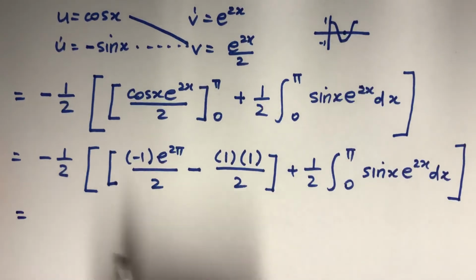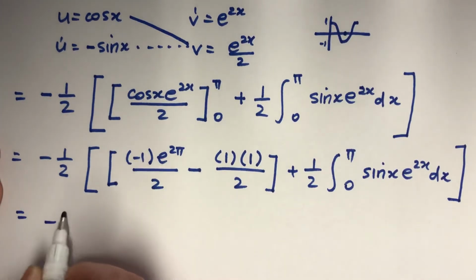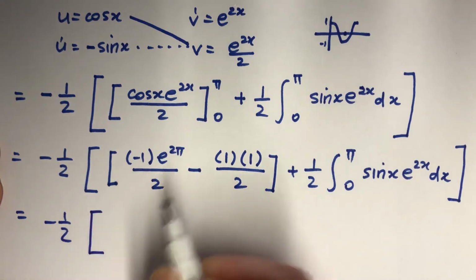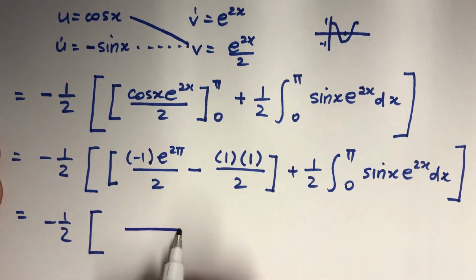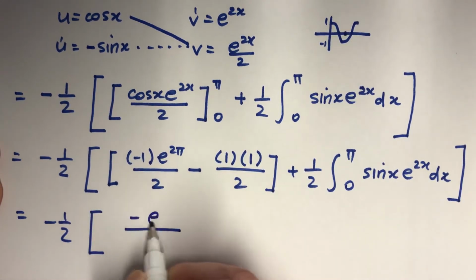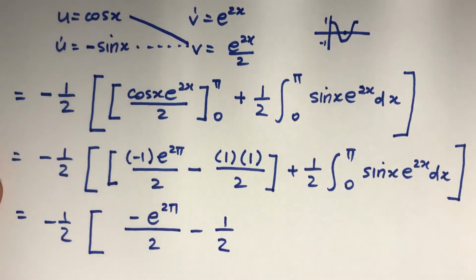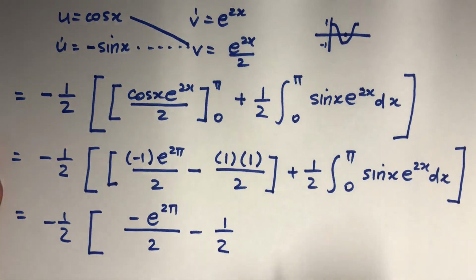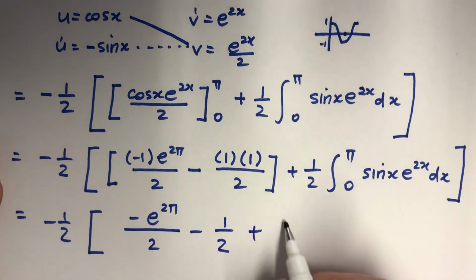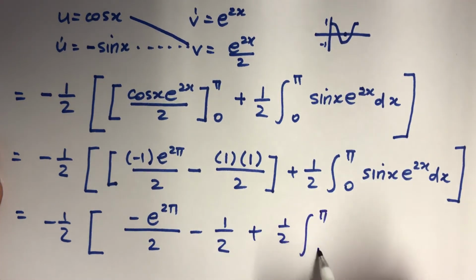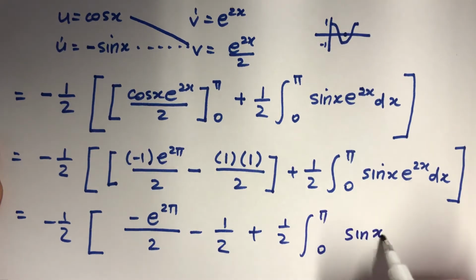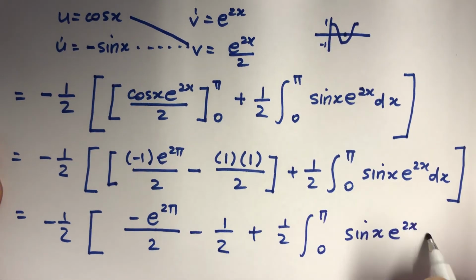And then I will go half. So what I've got here is 2 minus e to the 2 pi, minus 1 over 2. Okay, so that's not too bad. And then plus the rest, the same, sine x dx, close it up.